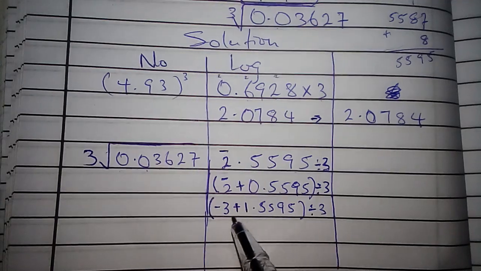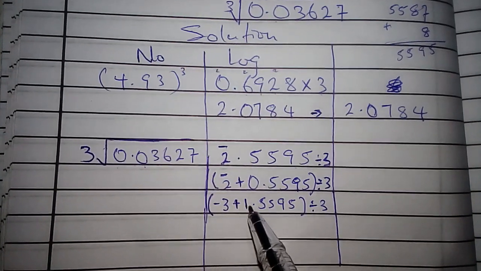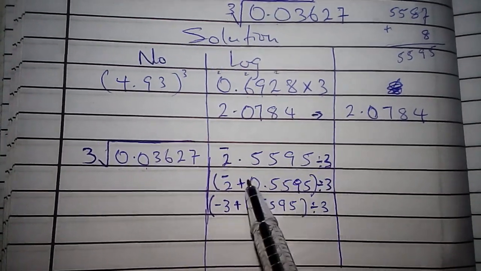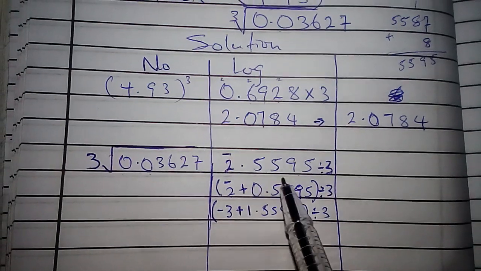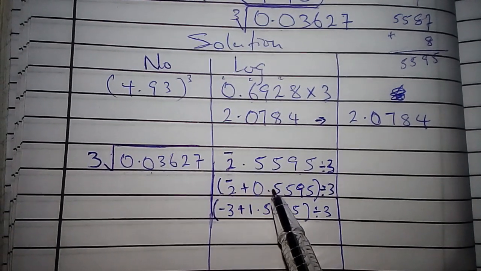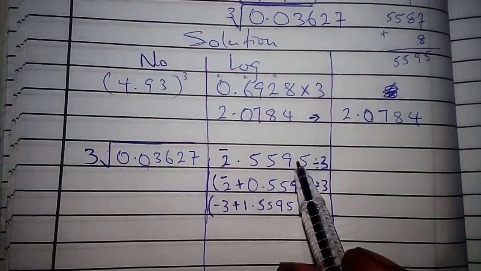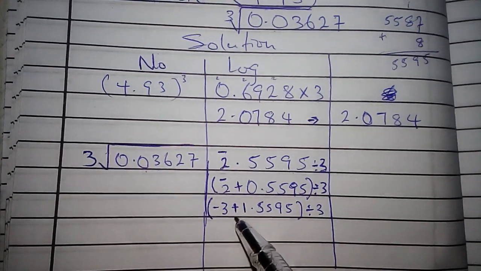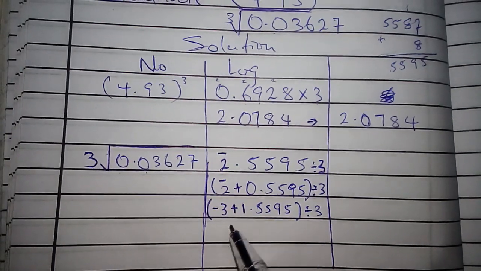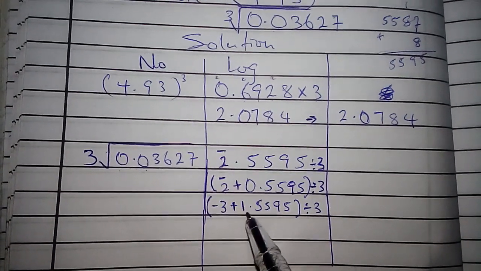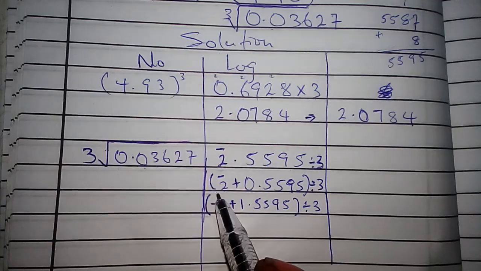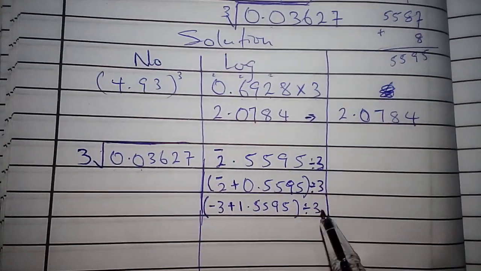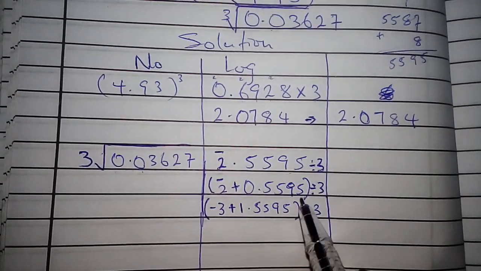So that's why as a student you have to be a thinker. So you have to think by separating in such a way that when you put them back together, it will give you back the original number in logarithm less than 1. Then after that, you can look for two numbers that you will either add or minus, and it will give you back the same number.